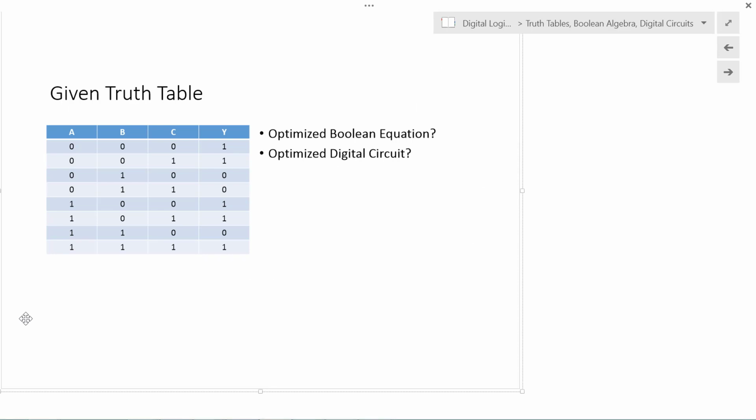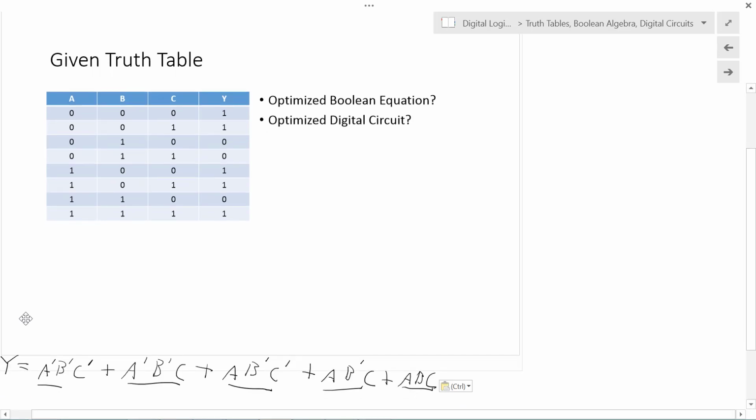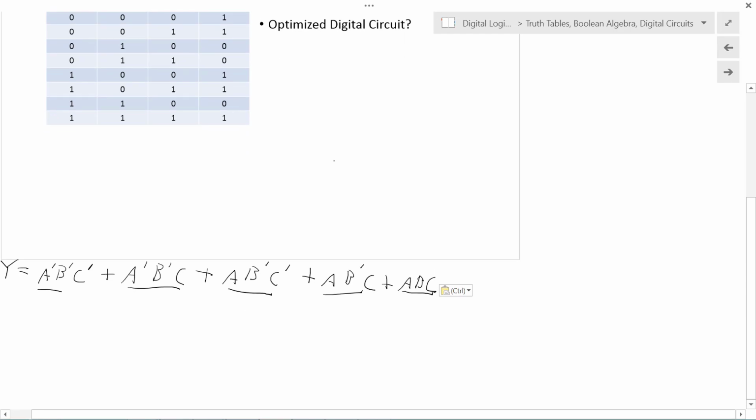So, given this truth table and the Boolean algebra equation that we generated from it, how do we optimize the Boolean equation? And how do we find the optimal digital circuit? Well, let's start with the Boolean equation first. So, this is copied from the previous slide. So, let's take a look. A nice thing about these terms is we can use Boolean algebra theorems to reduce these.